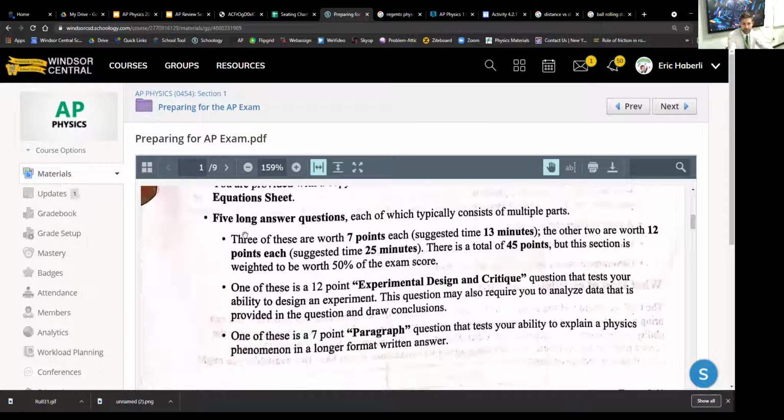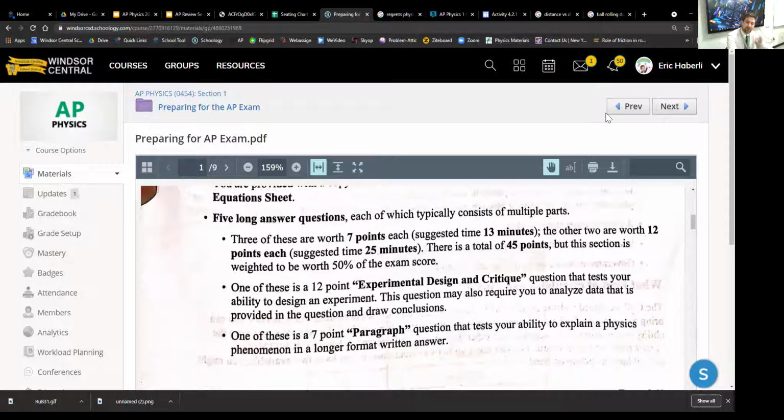So like I mentioned, there will be 5 questions on the short response section. 3 of these are worth 7 points each, with a suggested time of 13 minutes. There are 2 worth more, and they give you 25 minutes to do them. Now, these are suggested times.